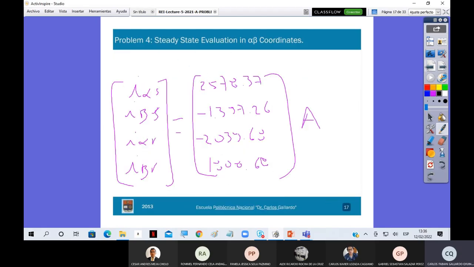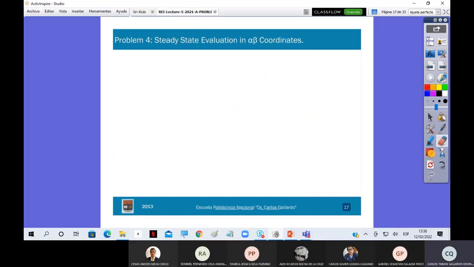What about the active and reactive powers? Okay, so for instance, from the stator, the stator active power in the alpha beta coordinates is 3/2. I will have the stator voltage alpha component times the alpha component of the current plus the beta component times the beta component of the current.